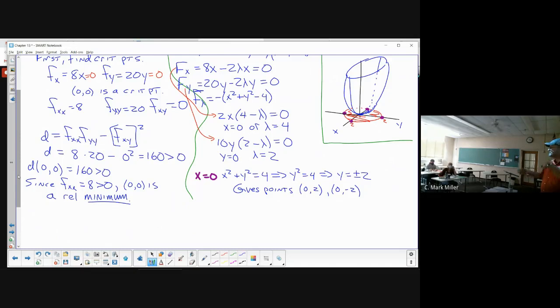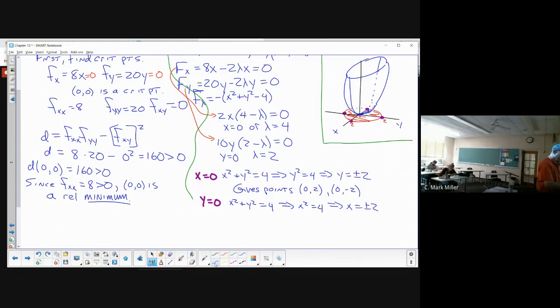You see how this stuff kind of starts to validate? And when we do the other one, y equals 0, x squared plus y squared equal 4 implies x squared equals 4, which implies x equals plus or minus 2.